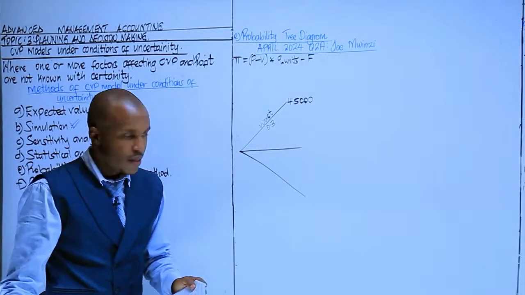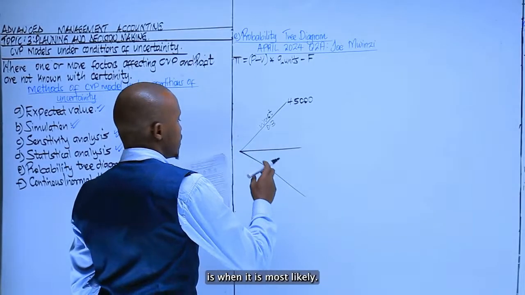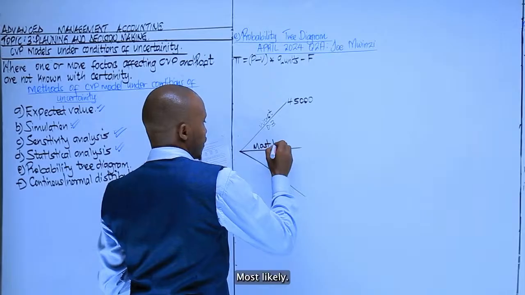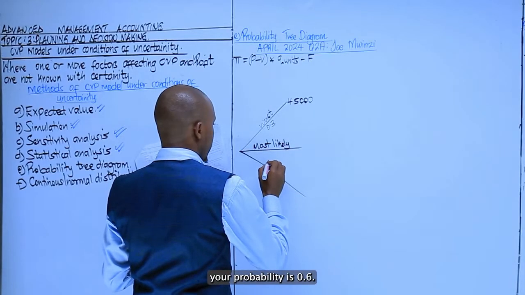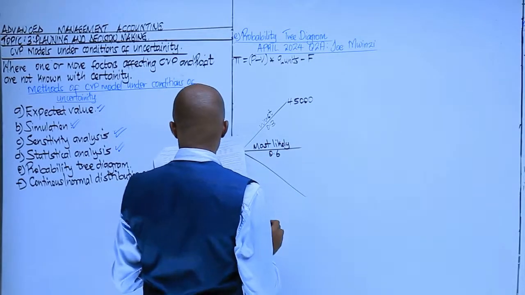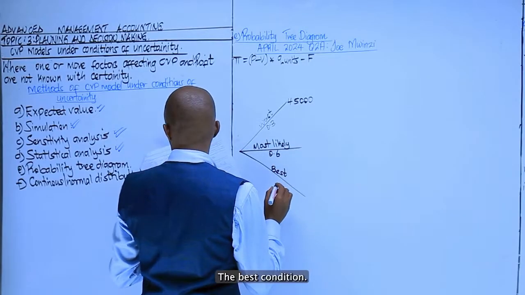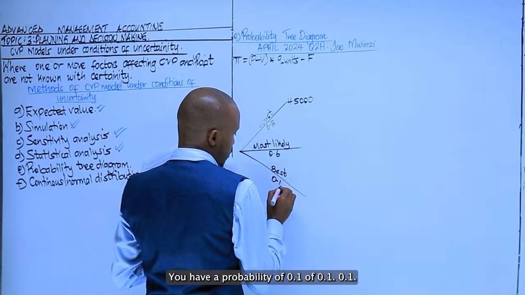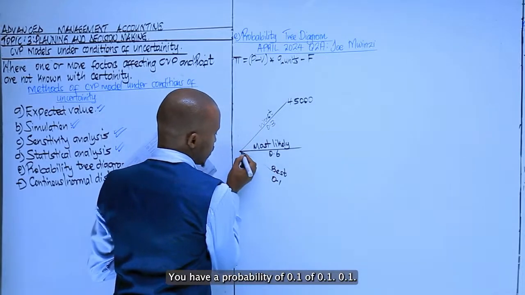The next condition is when it is most likely, and most likely, your probability is 0.6. Then you have the best condition, with a probability of 0.1.